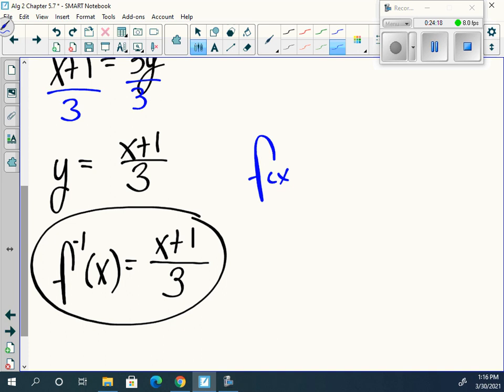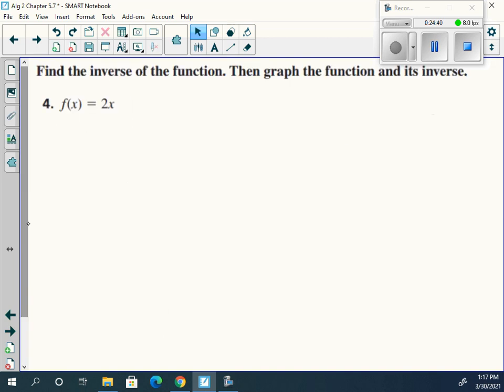Because our f of x was 3x minus 1, its inverse is x plus 1 divided by 3. Questions on this here? So it's not too much different than what we were doing. We just kind of flipped the variables. All right.